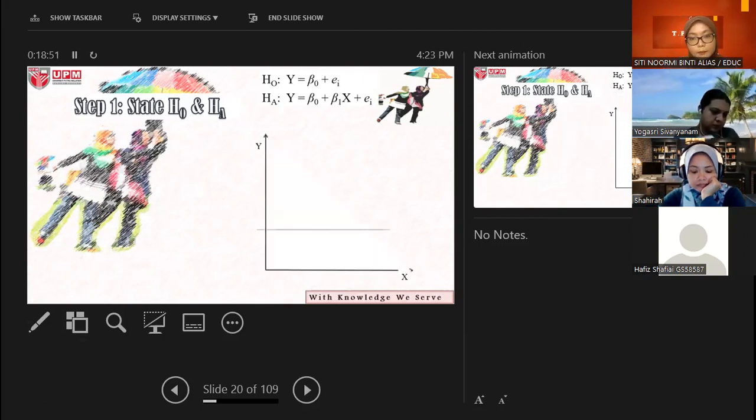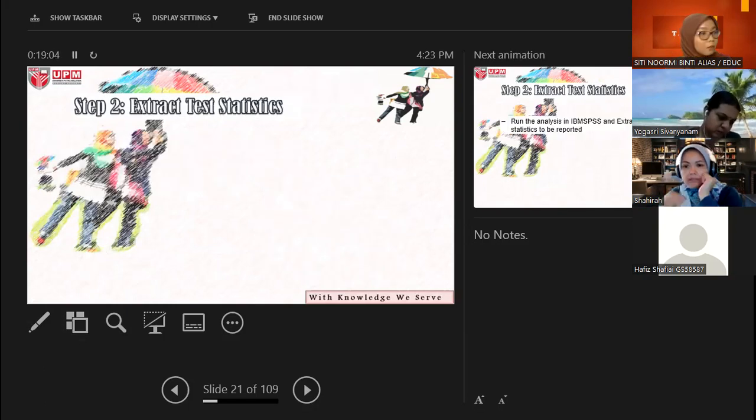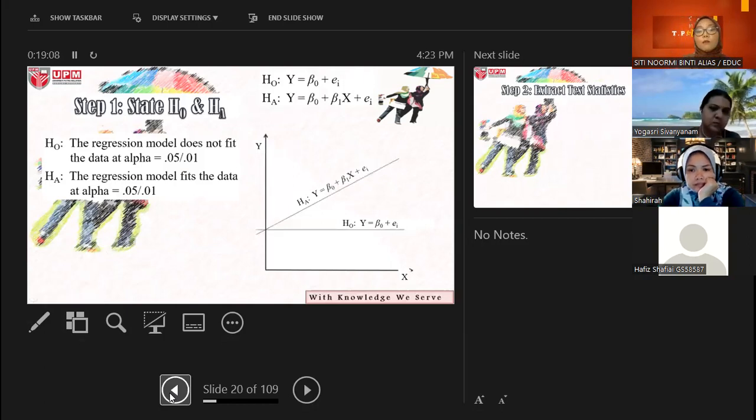But in practice, we can mention our research null hypothesis as the regression model does not fit. This one is for the overall model.